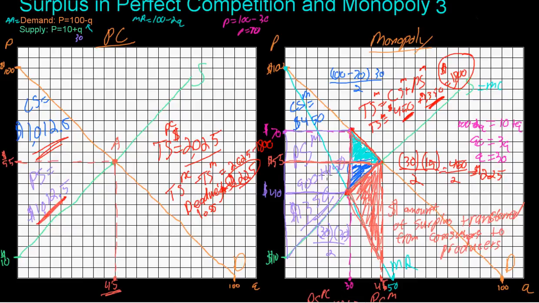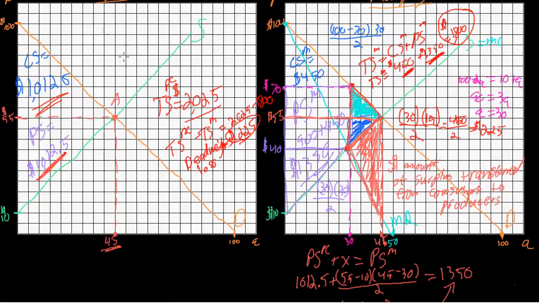Then let's see, what else do I want to cover in here? I guess the last thing that I want to say is that we can calculate how much consumers spend in a perfectly competitive market and a monopolistic market. How much consumers spend in a perfectly competitive market is just this area right here in salmon.